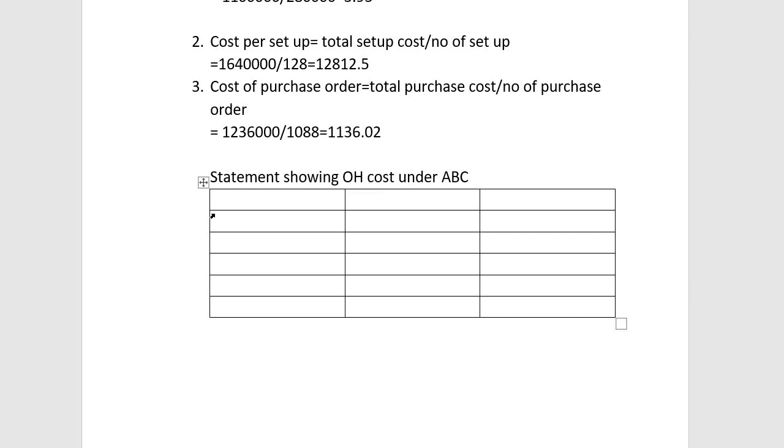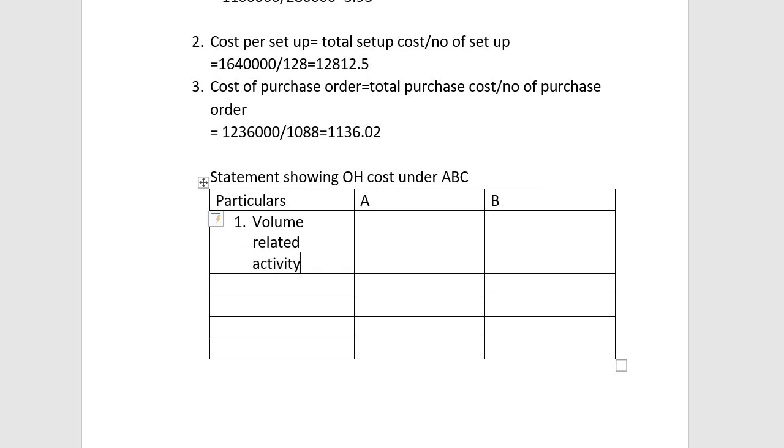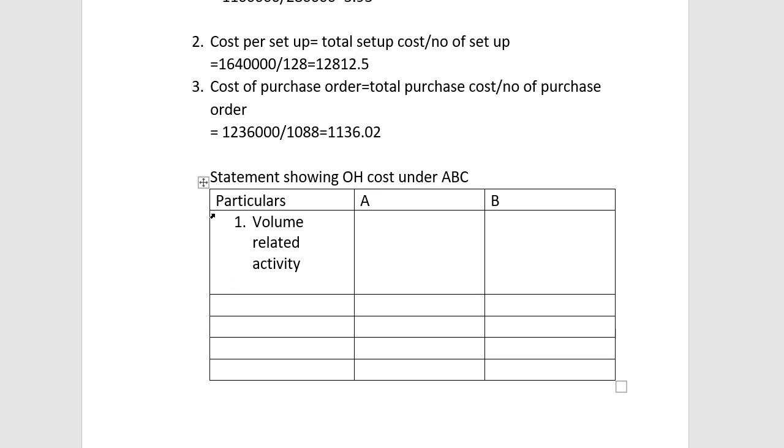First is particulars, next product A and B. So first and foremost is volume related activity.